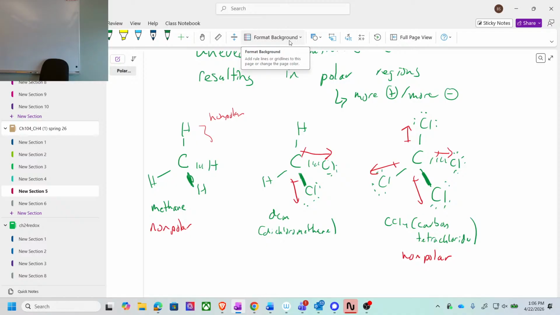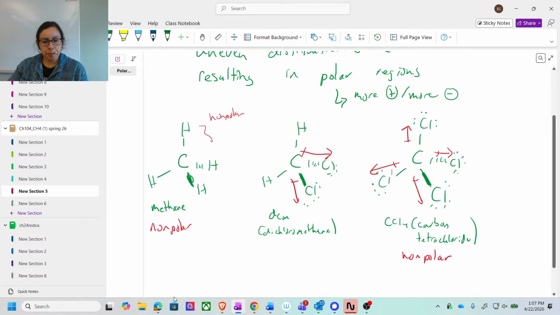I have two versions. I was just trying to get a little tetrahedral. I'm just looking at the tetrahedral shape in itself. I do have larger ones. Again, kind of tetrahedral shape, and it's going out in all directions evenly, so it would just cancel out like you figured out. So yes, our carbon tetrachloride is nonpolar.